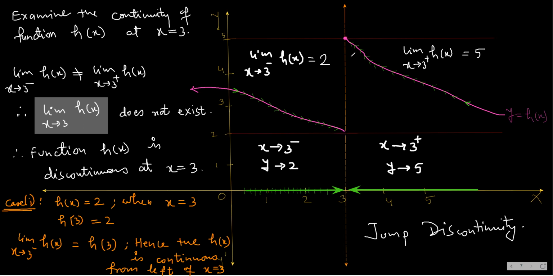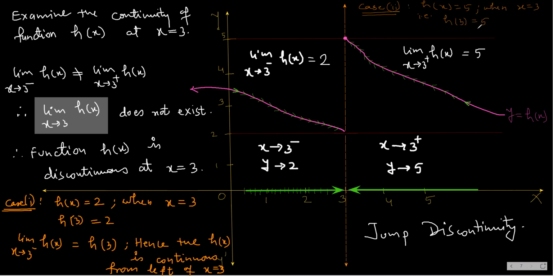In that case, that is case 2, and in case 2, suppose h of x equals 5 when x equals 3, that is h of 3 equals 5.